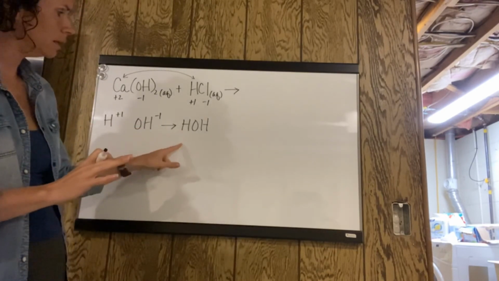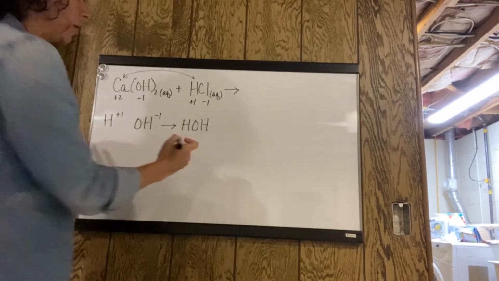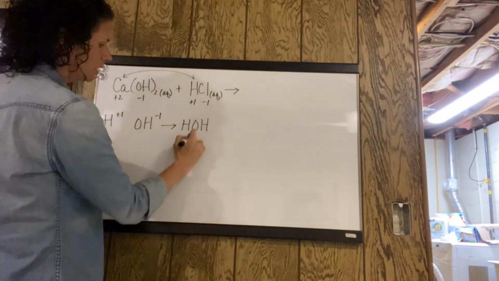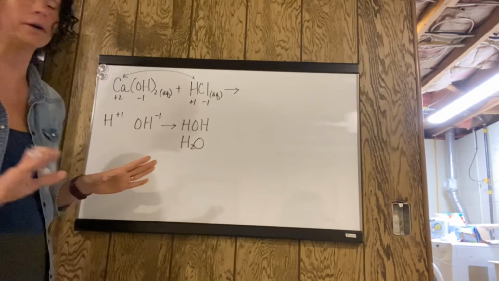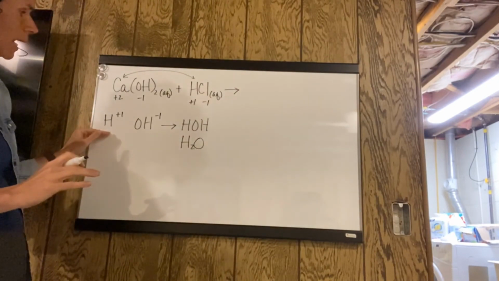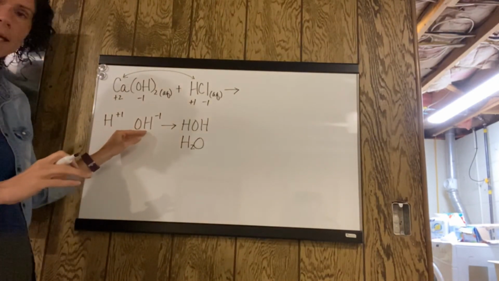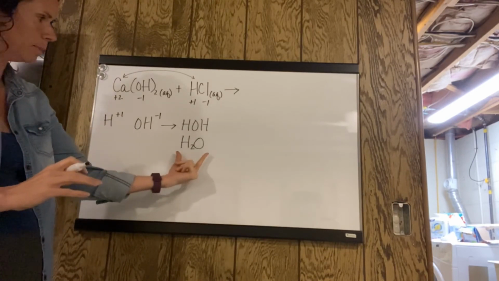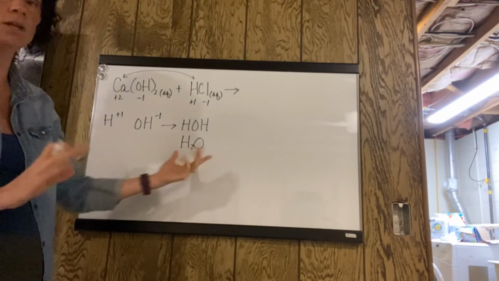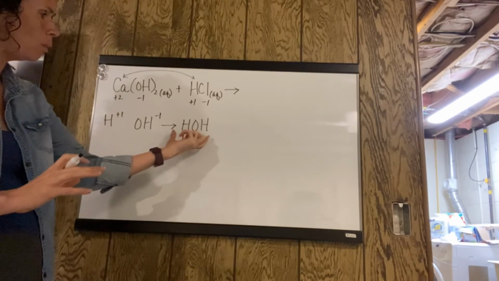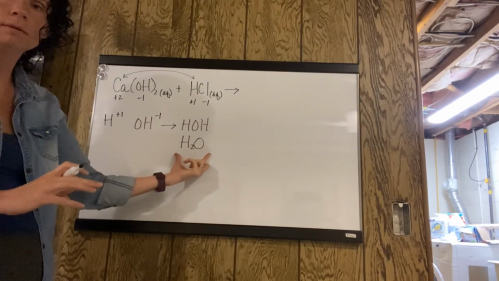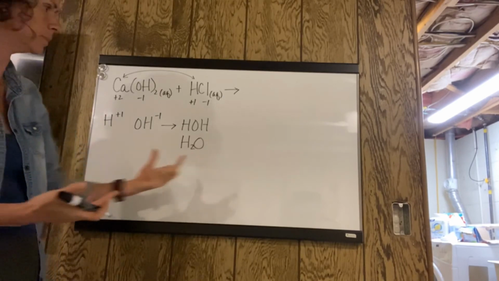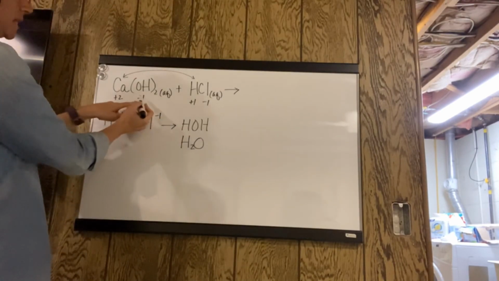This right here is water. So when I rewrite this in the equation, I'm going to write H2O. It's water. Anytime a hydrogen ion comes together with a hydroxide ion, they're going to form water. Okay, just so you recognize that. I won't mark it wrong if you write it like this, but it should be written like this, so it's more recognizable. Okay, so that takes care of that one.